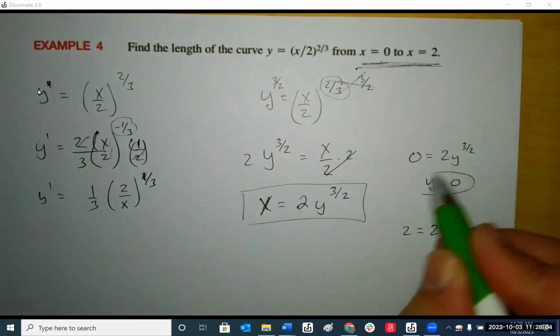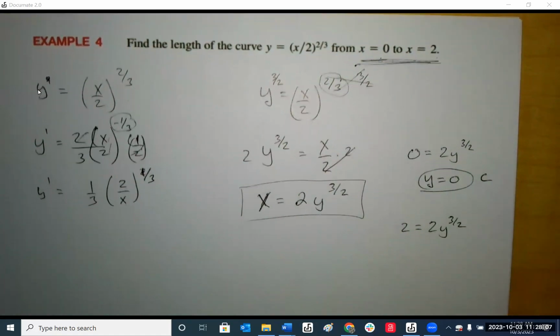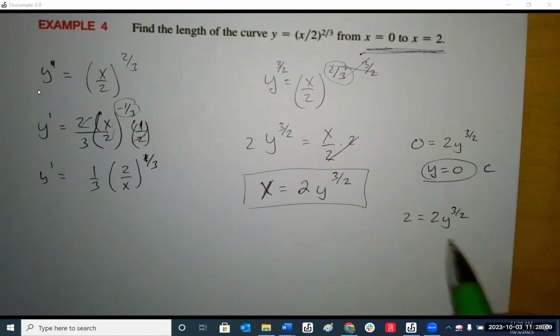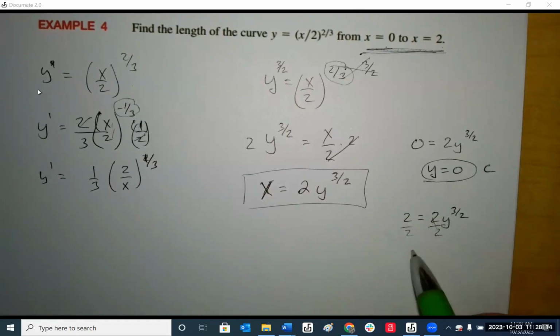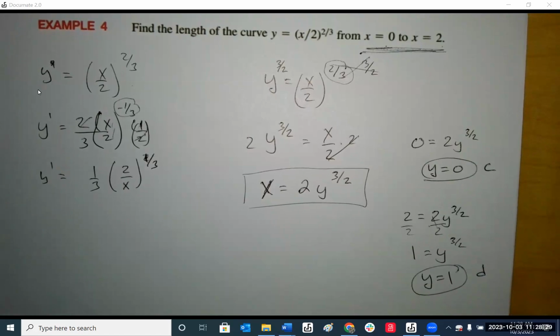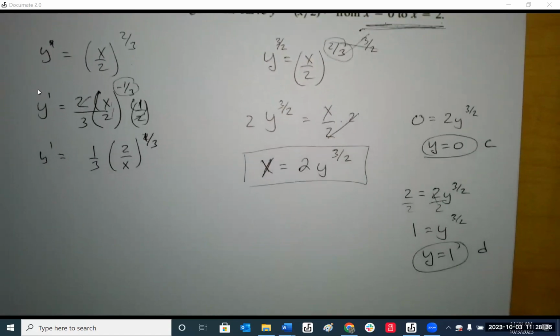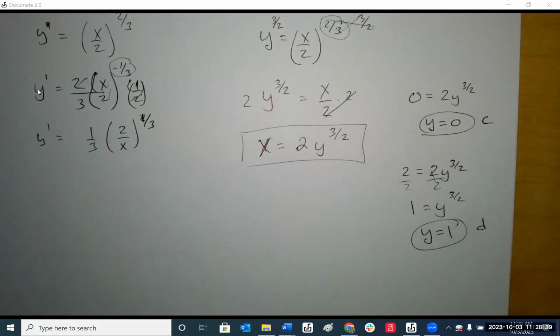So that's our c. And the other one, when x equals 2, divide both sides by 2. 1 equals y to the 3/2. So y is equal to 1. That is our d. So we have our function, we have the bounds of integration. So now we just have to go ahead and do the work. Any questions so far?